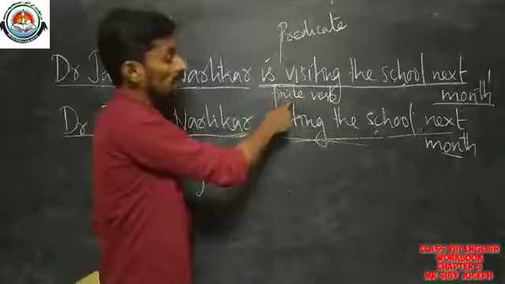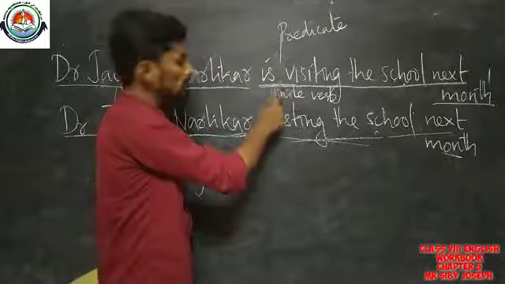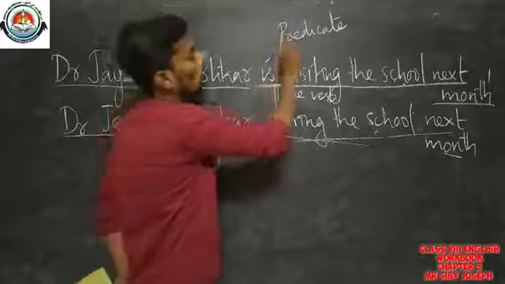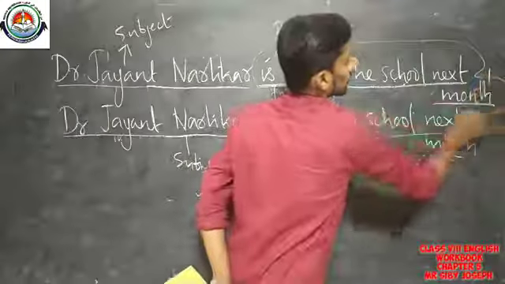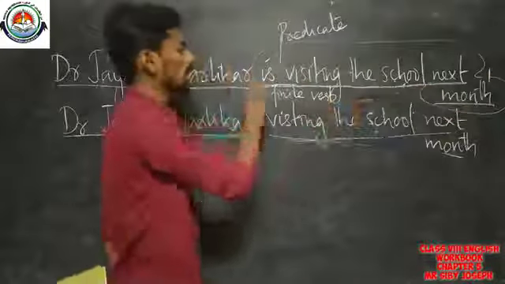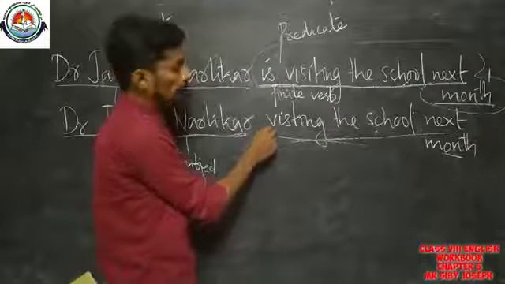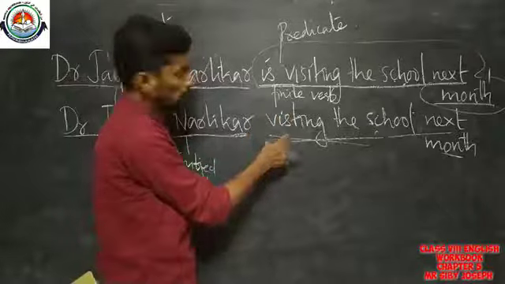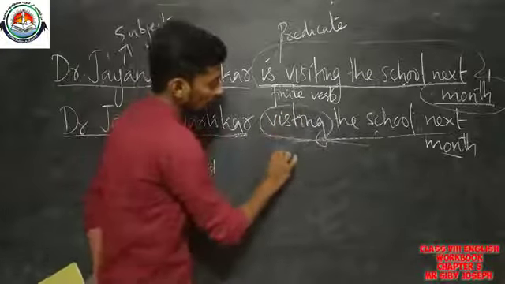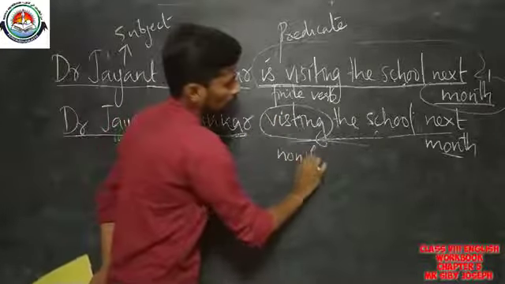Here we have a finite verb. So that is what it forms as the predicate of this sentence. But here we do not have a finite verb, but visiting is a non-finite verb.